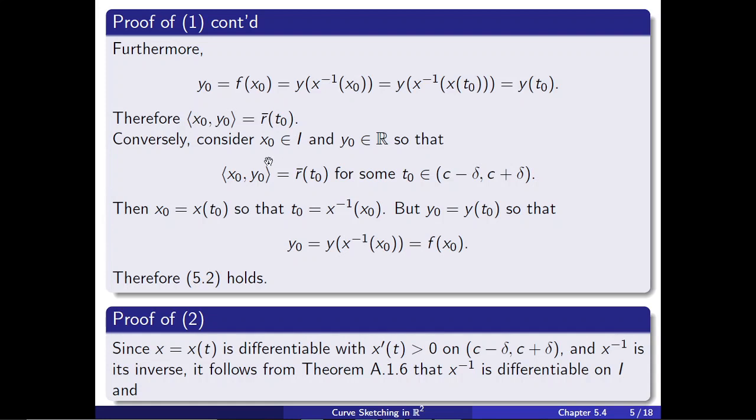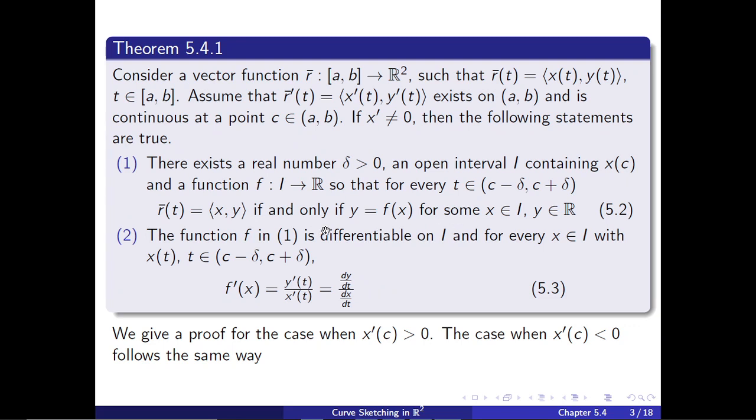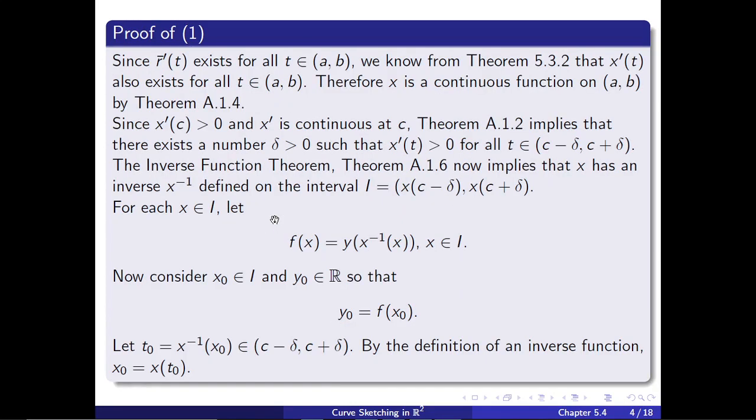So now we consider the converse case, because we want to prove that we've got this function such that this happens if and only if that. So we have shown so far that if y is equal to f of x naught, then r of t is equal to x y, right?